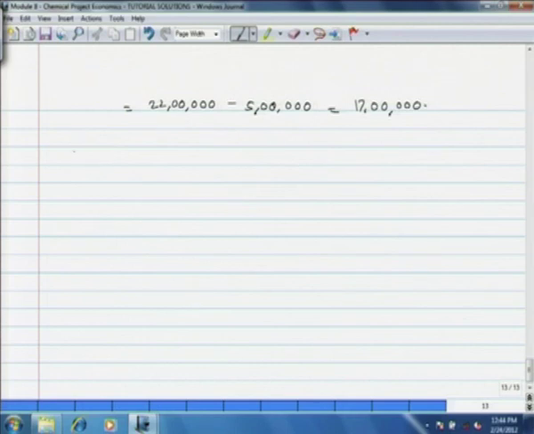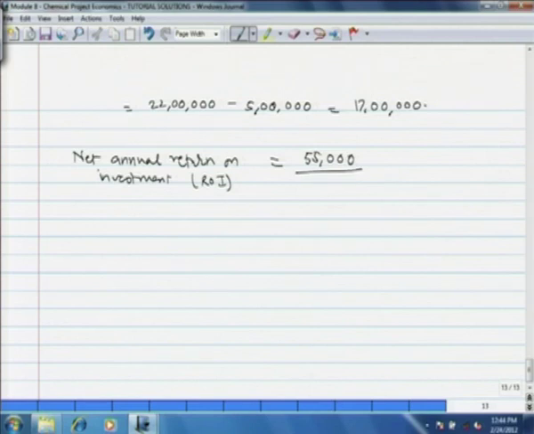So, the net annual return on investment is 55,000 divided by 17 lakhs, which is equal to 0.032 or 3.2%. The company's expectation is 15% return on additional investment, and the 3.2% return is much smaller than company's expectation.